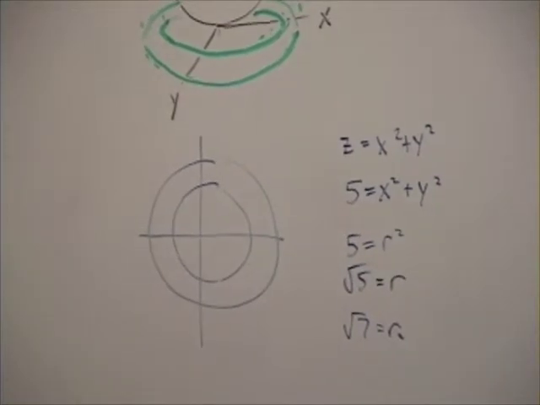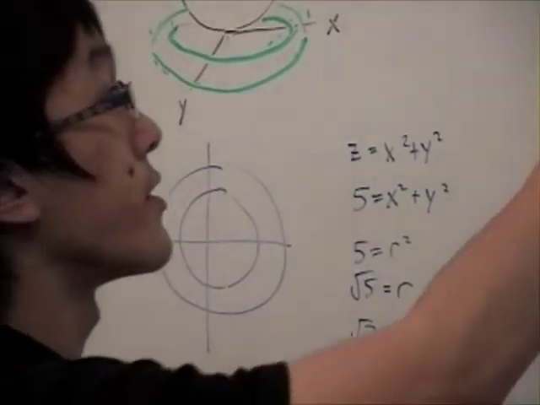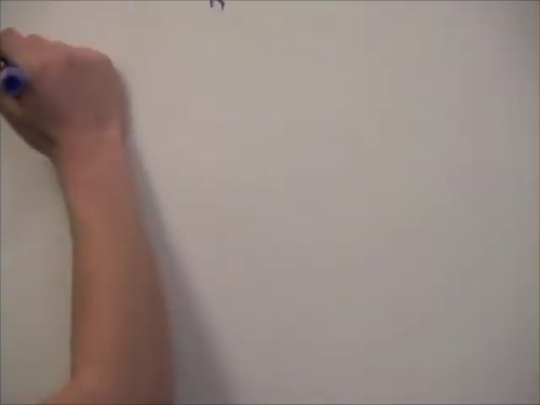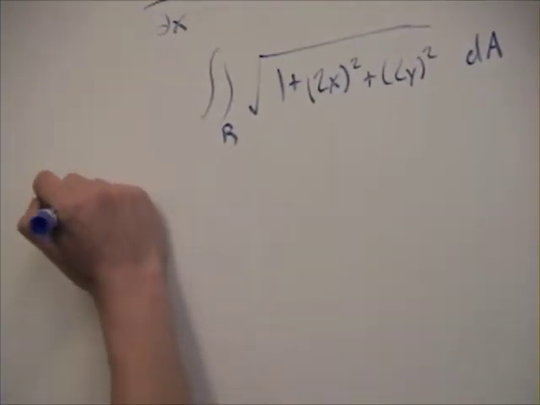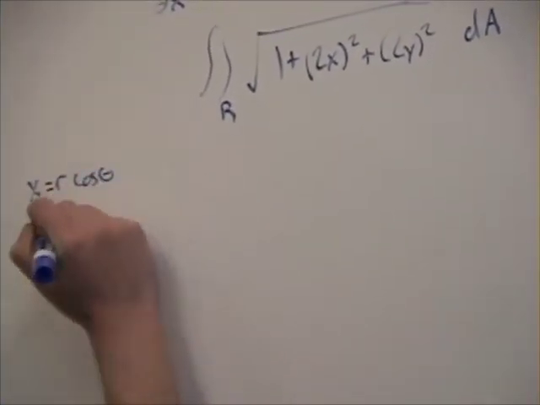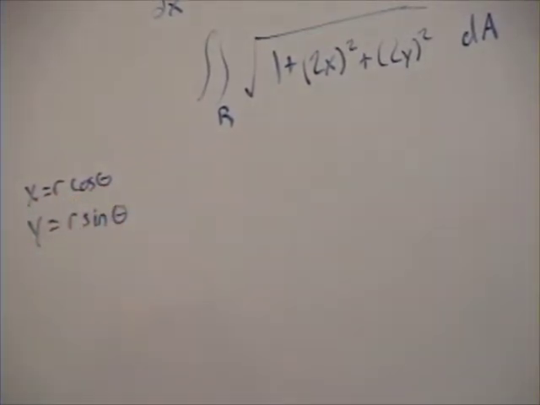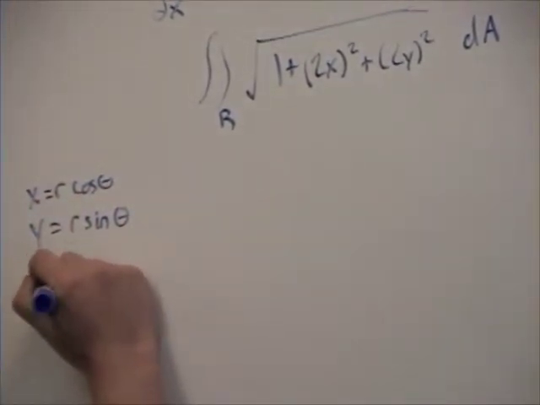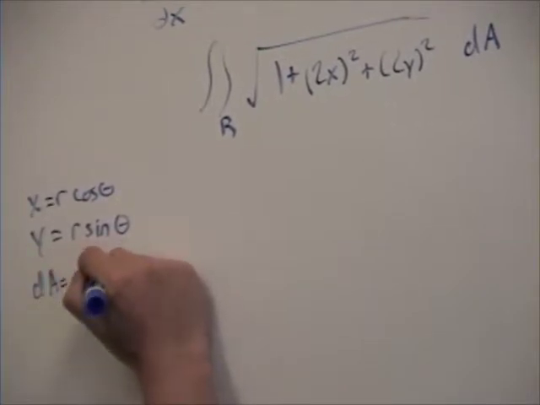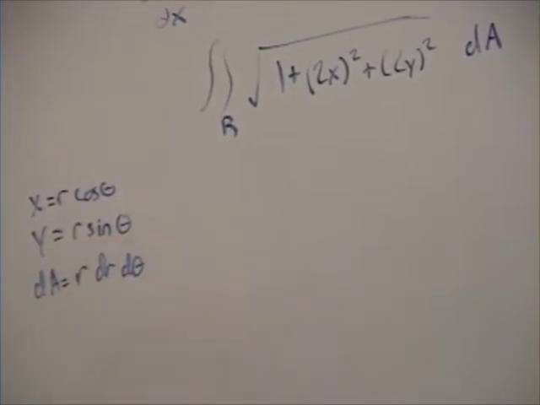In order to convert the rest of this to polar, we know x equals r cosine theta, y equals r sine theta, and our dA will become r dr d theta. Now that we know this, we know our limits.